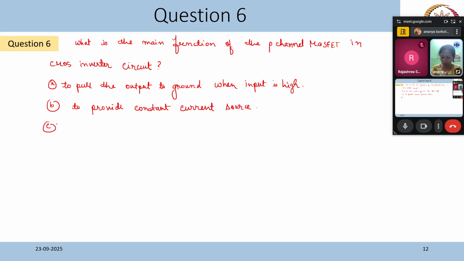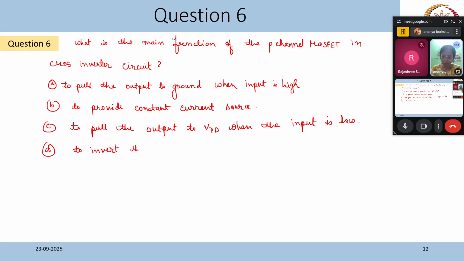Option C is to pull the output to VDD when the input is low. Option D is to invert the signal. So what is the answer for this?